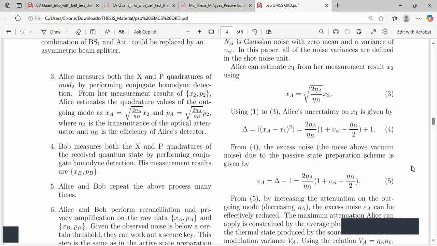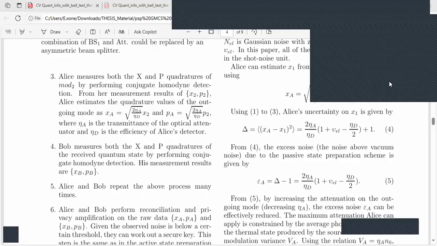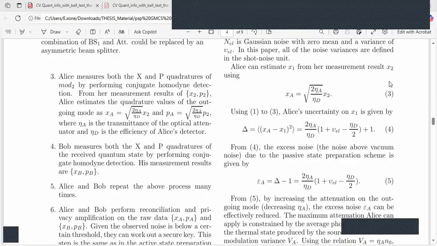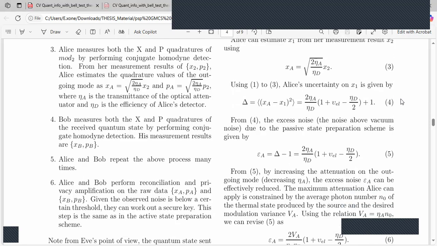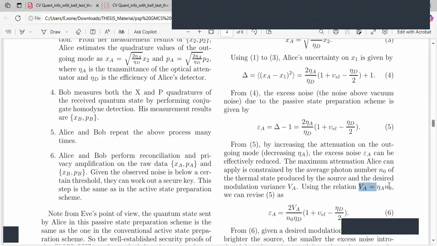So overall, the author is mentioning that we can control the noise in a practical setting, because we know that the variance is related to the average photon number.